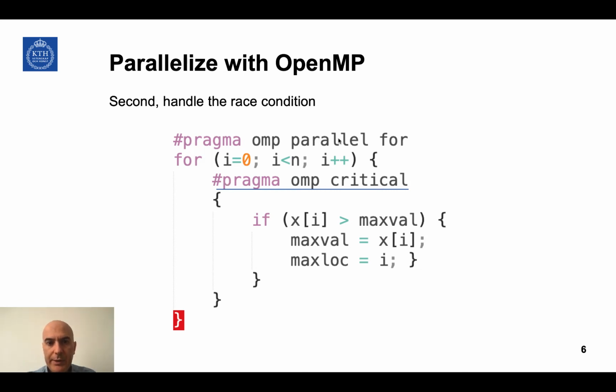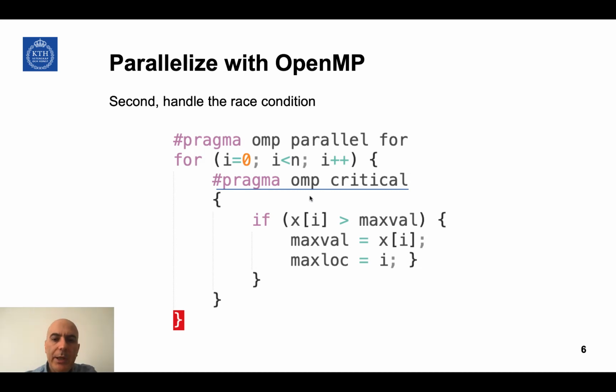At the top, with parallel for, we spawn the threads, and then the for construct divides the array across the threads. At this point, we want this piece of code to be executed by one thread at a time to avoid the race condition.